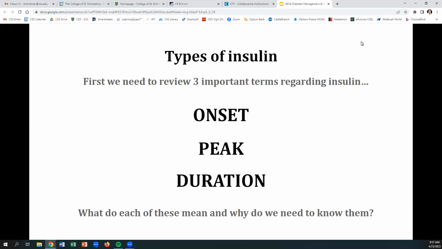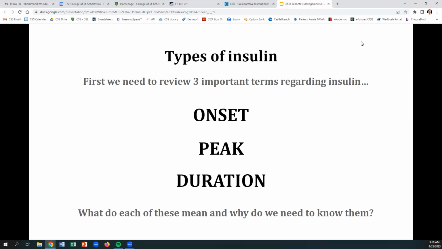Think about the period of time from when you stick your patient with the needle in the belly to the time the insulin reaches the bloodstream, because insulin needs to make its way through that adipose tissue. It might need to make its way through some muscle before it gets to the bloodstream. All of that transit time is the onset, okay?